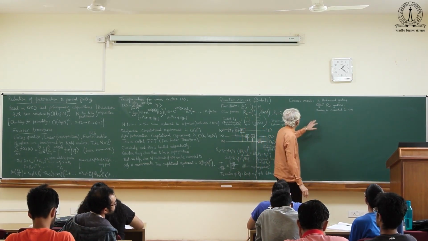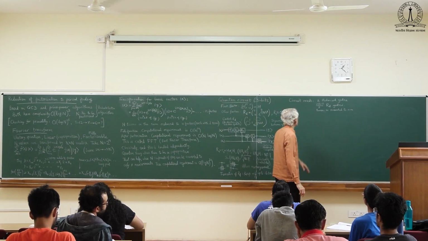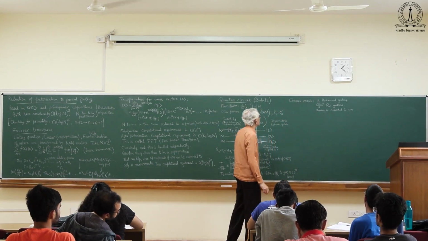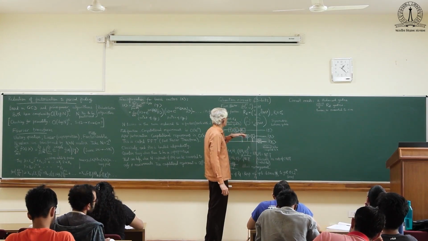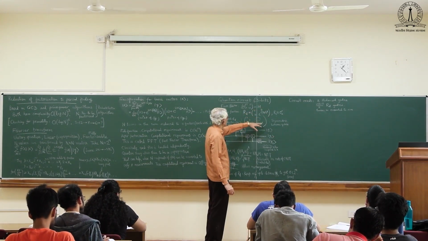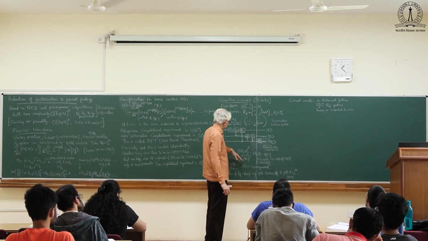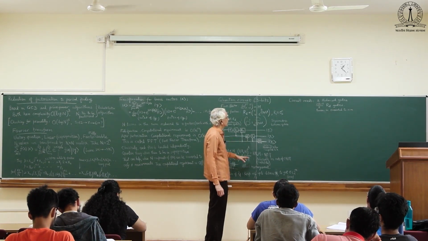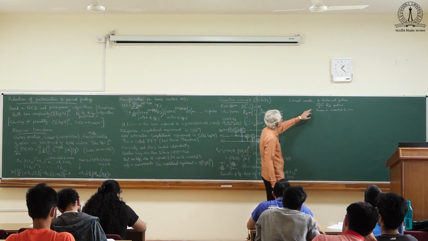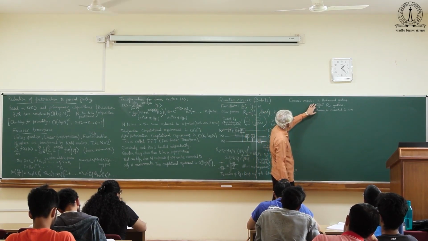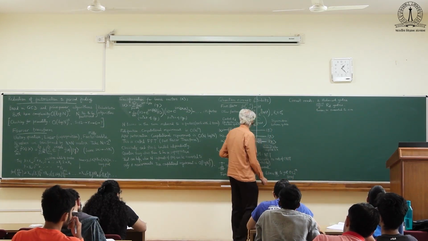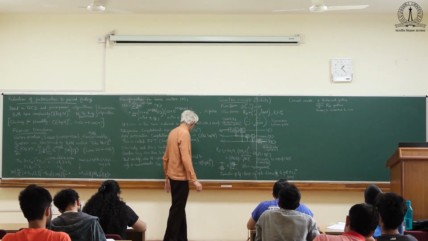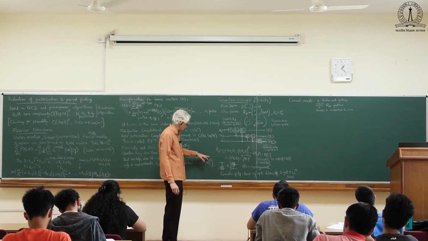But this is kind of good enough, and what we want is that the number of gates should be no worse than quadratic, and that is what we are looking after.